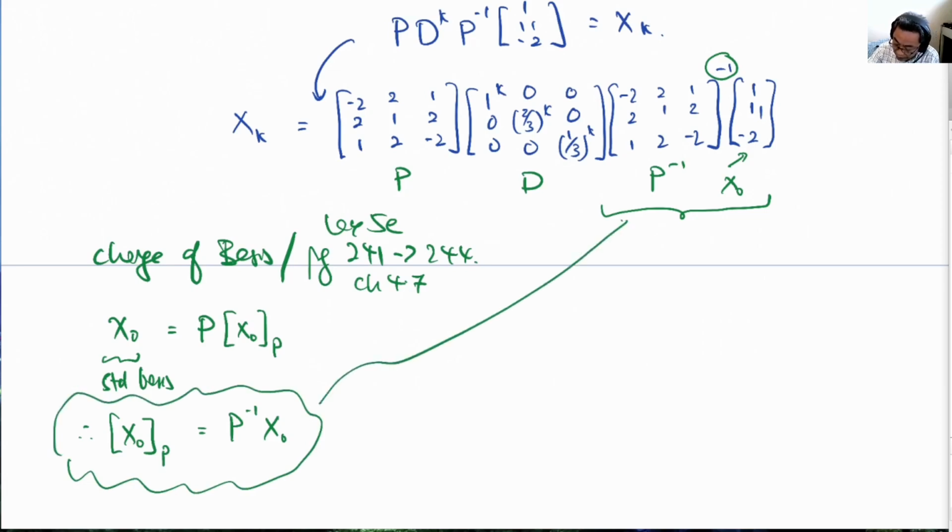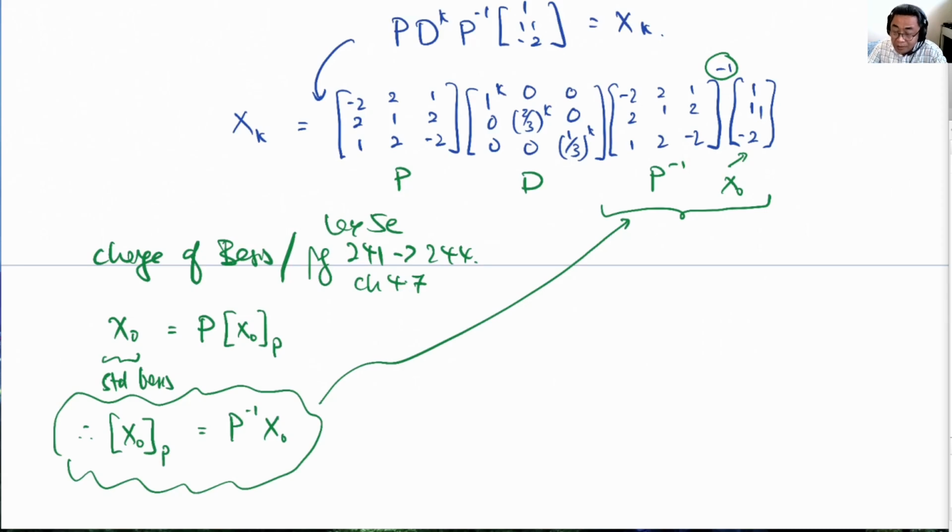In fact, you'll realize that what we just did was change the x0 from the standard basis into the P basis, multiply by D, and then what about PD? Okay, what is PD? PD changes the information in the P basis back to the standard basis.